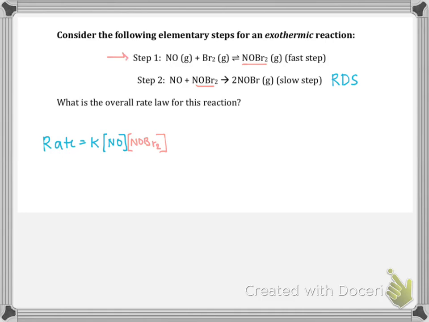Step 1 is stuck waiting behind step 2, and so it's kind of pacing back and forth. And so we say it's at equilibrium, and it paces forward sometimes, but it also paces back. So the rate forward is equal to the rate in reverse. So we can write a rate law for the forward reaction.